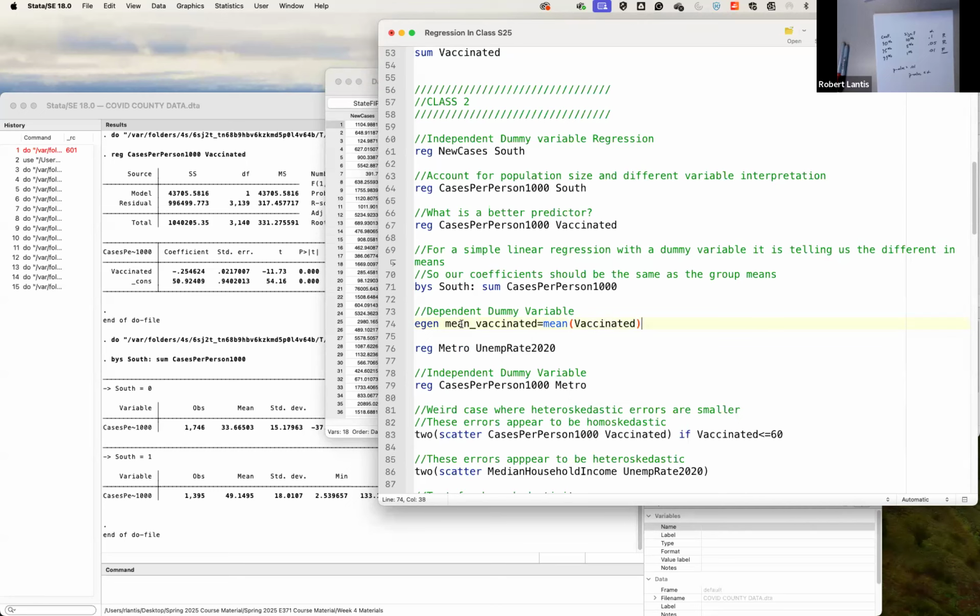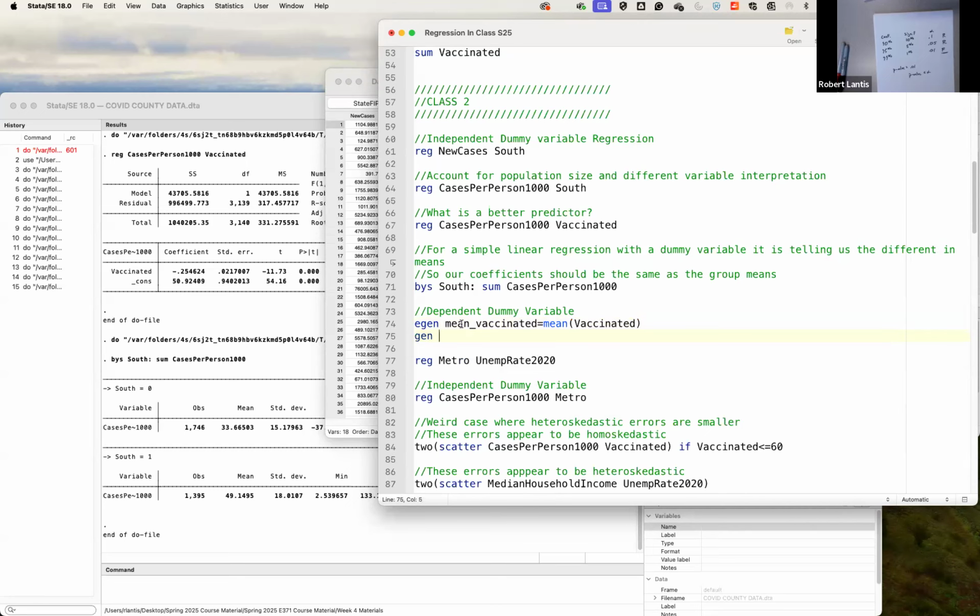I'm going to calculate the mean vaccinated. I'm then going to generate a variable, high vaccinated, which is going to be equal to a 1 if this statement is true: if the percent of the county that's vaccinated is above the mean of the nation, I'm going to put a 1 in here, 0 if not.